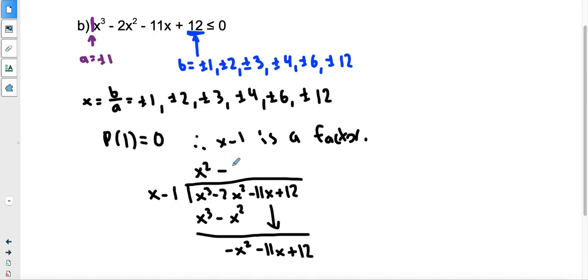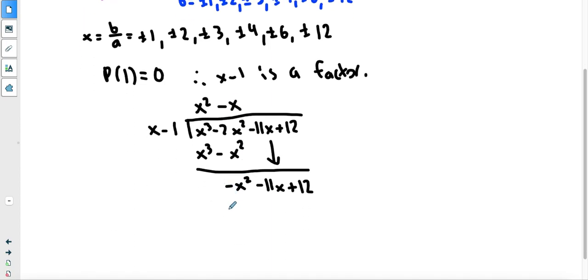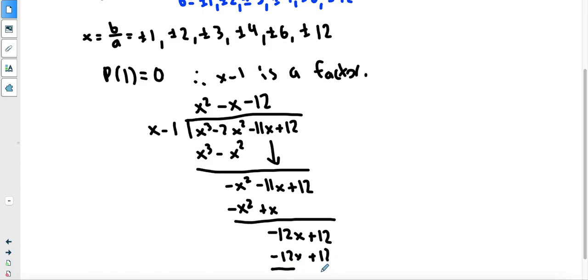And we can keep going with this as well. All right, so I divided my polynomial by x minus 1, and I got x squared minus x minus 12.